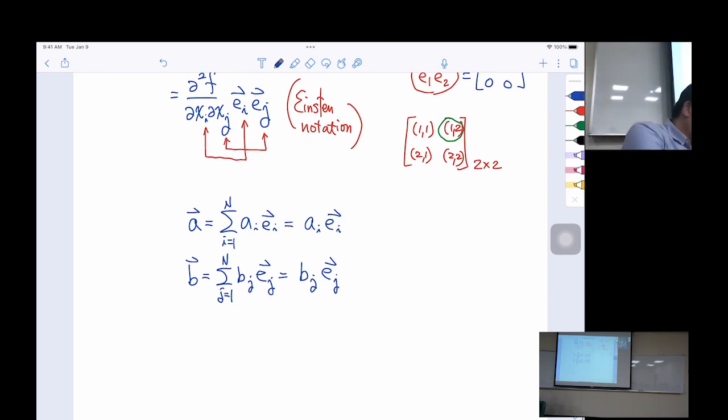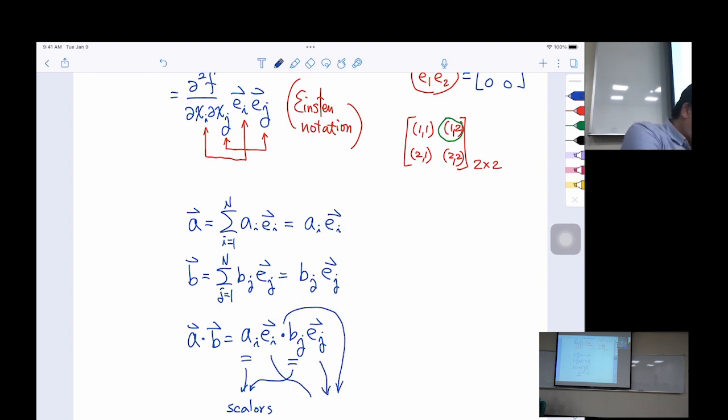Okay? And if you do the dot product, a dot b, it can be written as ai ei dot bj ej. And these two are scalars. The rest, actually, are tensor notations.